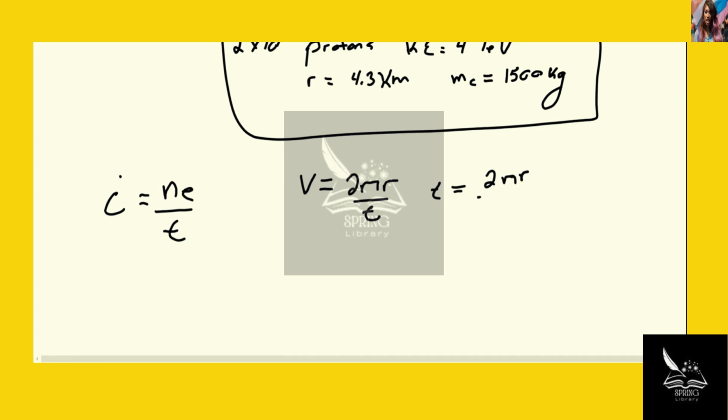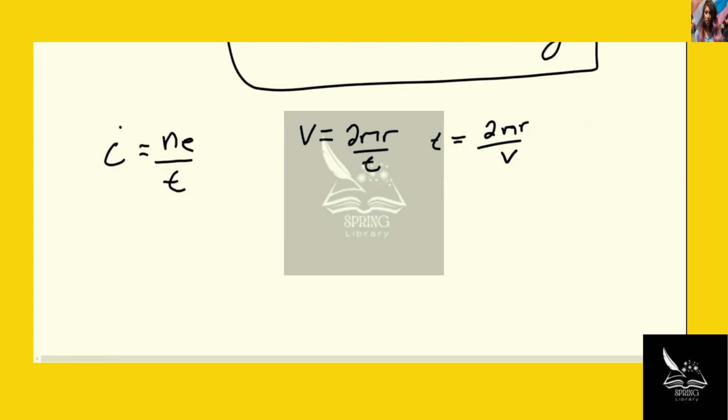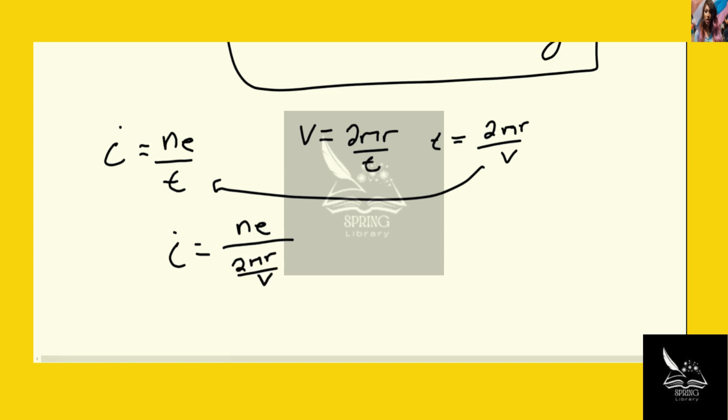Okay, so now we can plug this into here. So we have I equals N e over 2 pi R over V, which ends up being N e V over 2 pi R, okay?